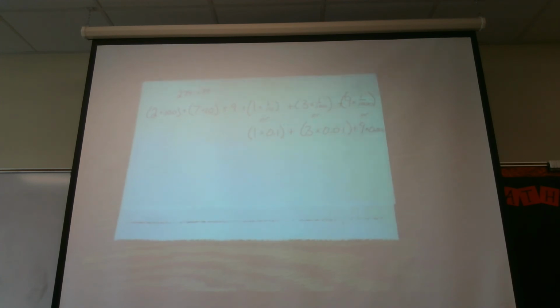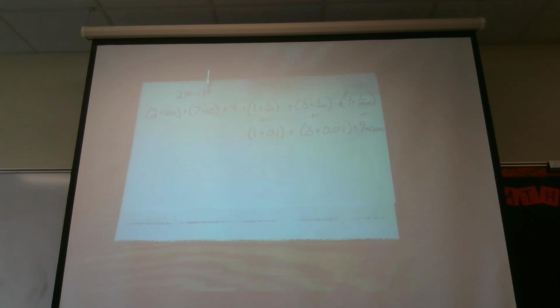Okay, so let's look. We move from the greatest digit to the smallest digit. We have 2 times 100, because that's going to give us 200, plus 7 times 10, because I want it to equal 70, because the 7's in the 10's place, plus 9.